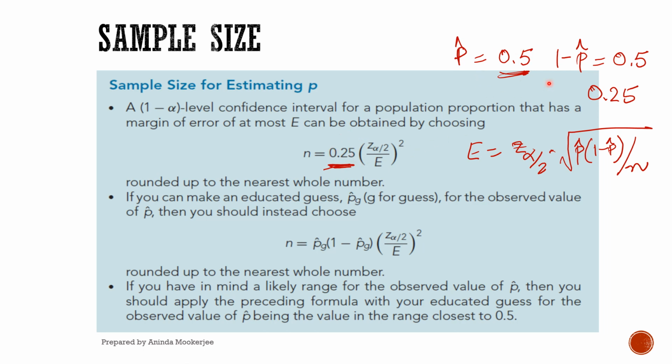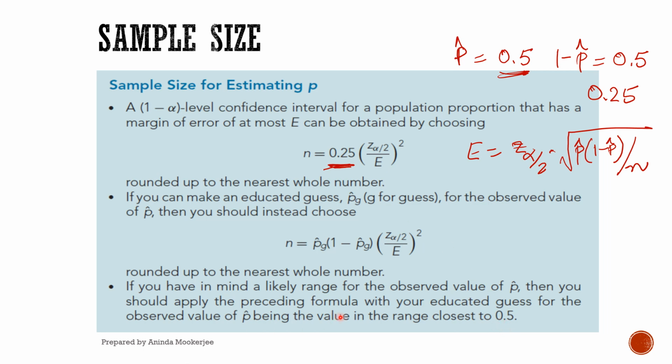We will just assume that p hat is 0.5 and use the 0.25 constant value in our formula. Also, if you have in mind a likely range for the observed value of p hat, then you should apply the preceding formula with the educated guess being the value in the range closest to 0.5.